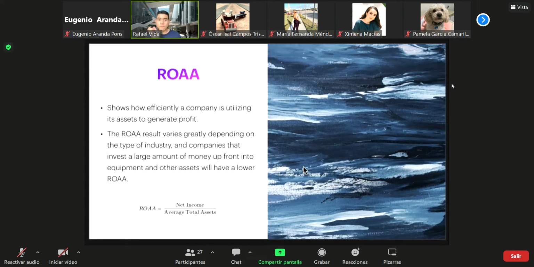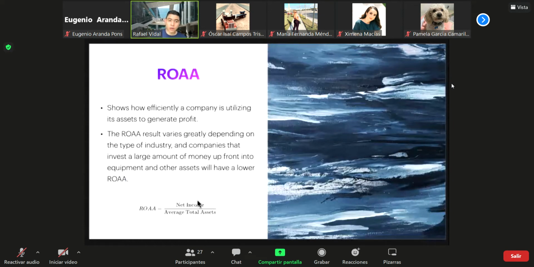So the number you see in the balance sheet, or even on the income statement, is an average. Even though it's not explicit, it is. So in this case, we have the return on average assets. The formula is this one, and I'm going to explain how you can read this number from the formula.